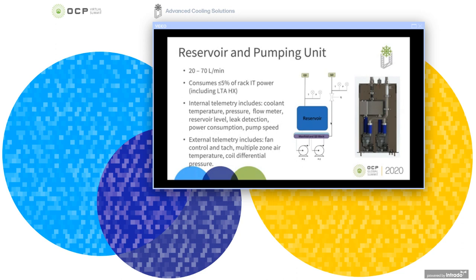While the external sensors include fan control and tachometer reading, air temperature sensors for the cold aisle air temperature, as well as the coil on temperature and the coil exhaust temperature, and delta pressure across the coil.